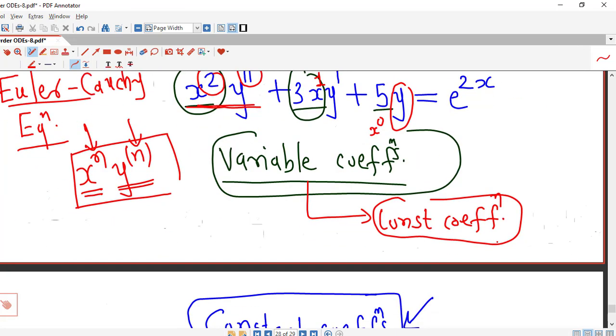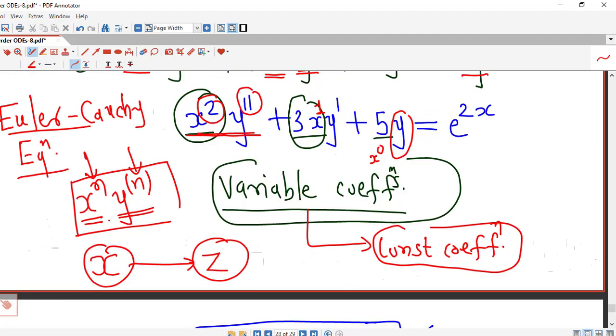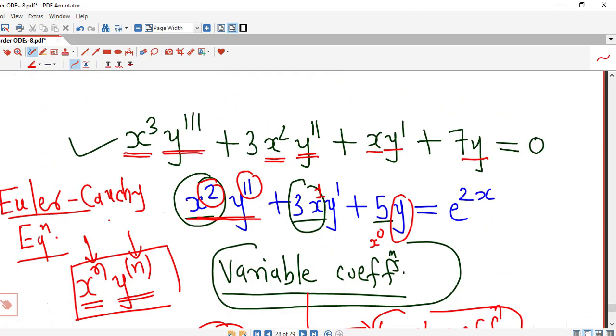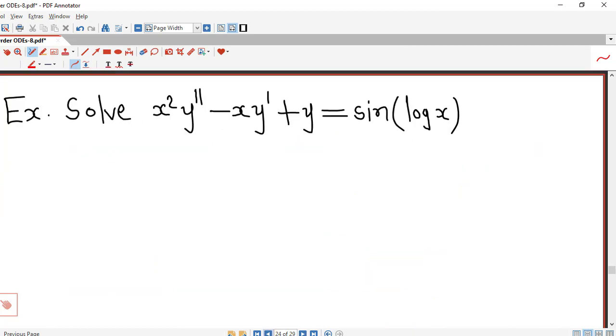For that we will change our independent variable from x to a new independent variable z by some transformation or substitution. In this lecture we are going to discuss Euler-Cauchy equations, how we can convert them into constant coefficient equations, and how to solve them.